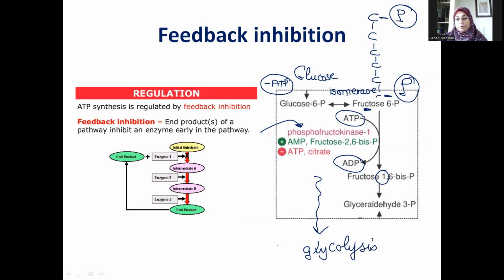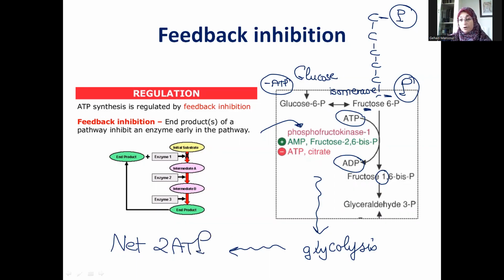And the overall reaction of glycolysis is that we have a net supply of 2 ATP molecules. Not only this, but if oxygen is present, then we would proceed towards complete oxidation, aerobic oxidation in the mitochondrion, because glycolysis occurs in the cytosol.